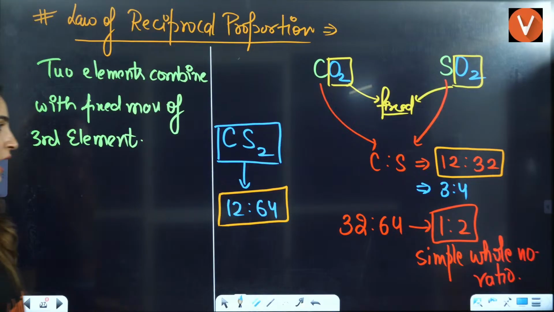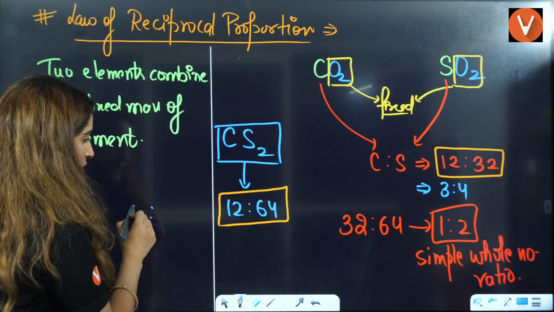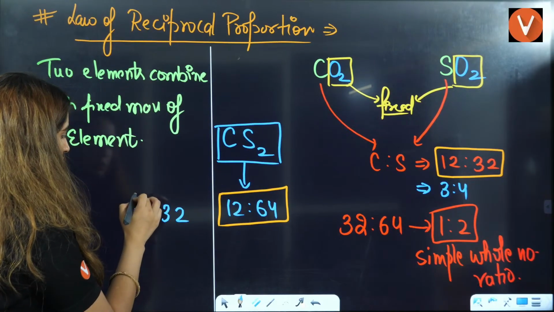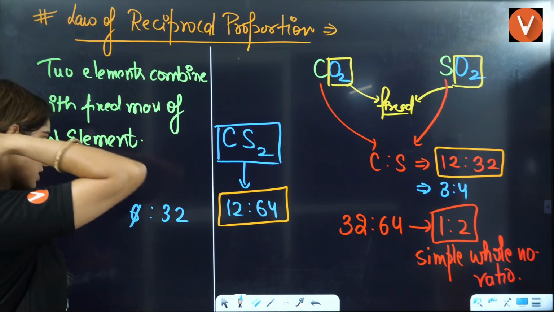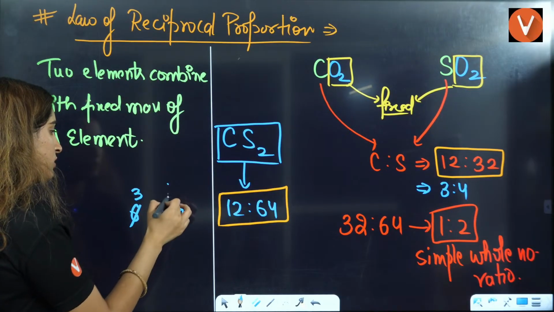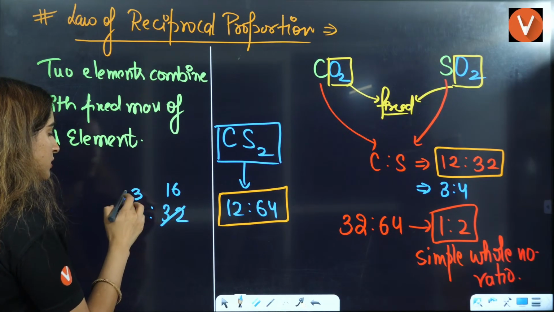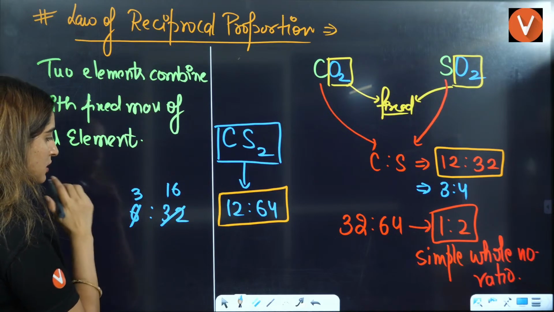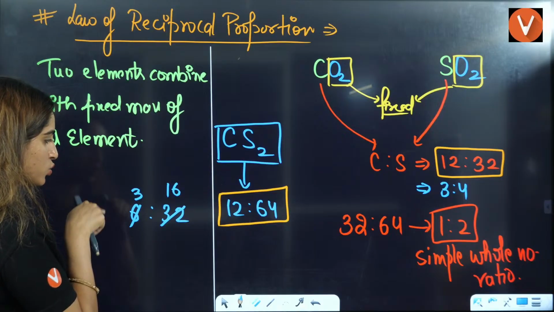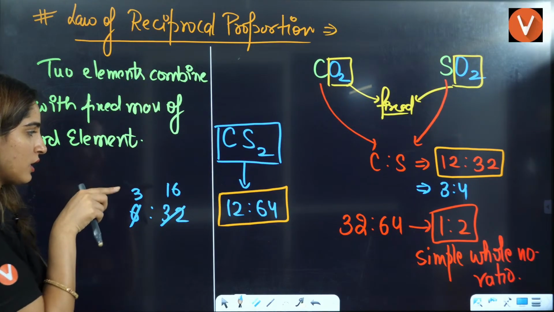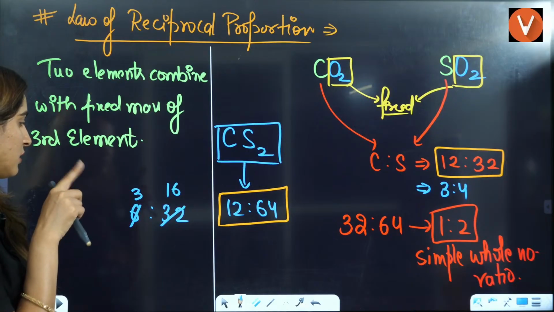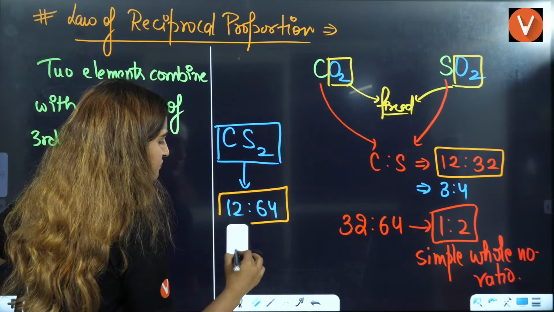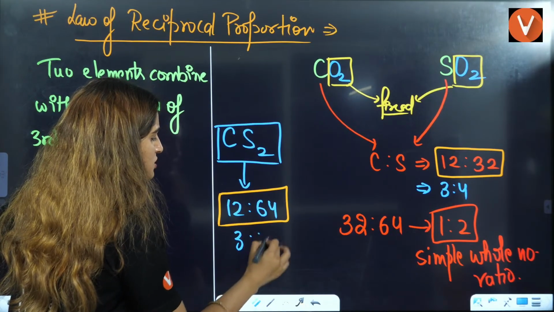So we have to, that is 6, 1, this is 3, 2, this is again 6:32, so that is 3, this is 1, 6, right? 3:16 it is going to be, isn't it? 3:16, right? 2, 6, 2, 1, 2, 3, 32, this is then 3, this is 1, 6, 3:16, okay? So either you can use it like this, 3:16.